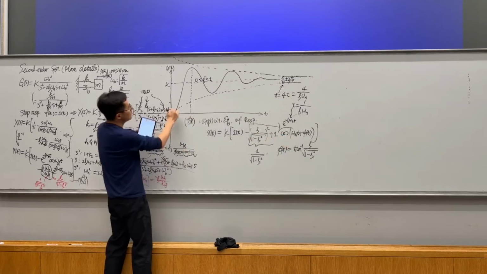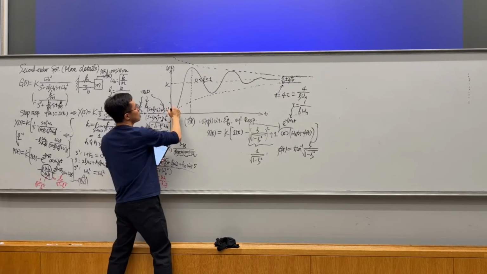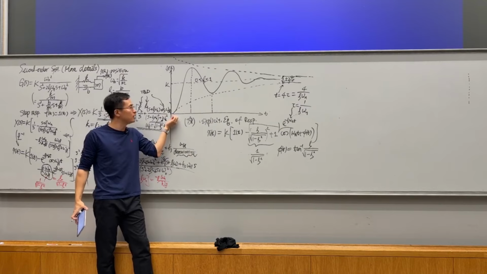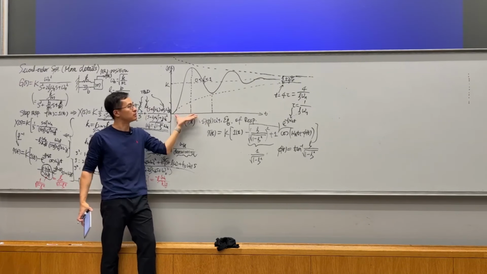If it didn't have this damping, then this would be one period, from one lower peak to another lower peak, that's one period of the oscillation.